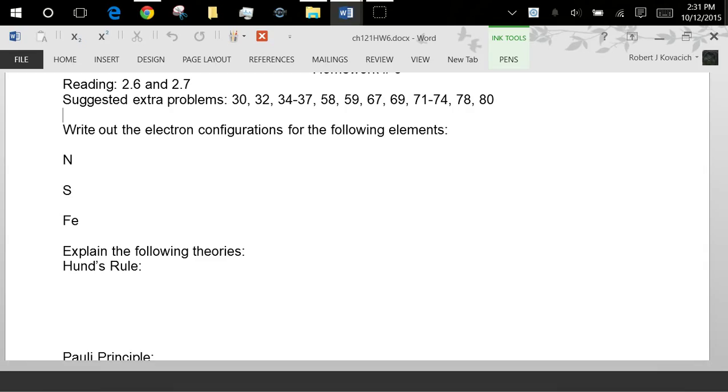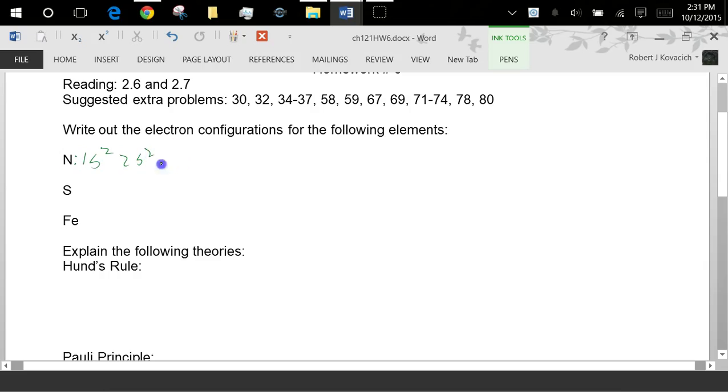Okay, for this first one, the electron configuration, what is it that we need to write up here for nitrogen? Can you give me two ways that you know that's probably the correct answer?